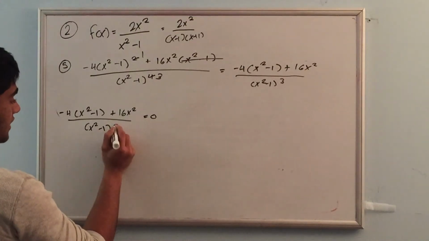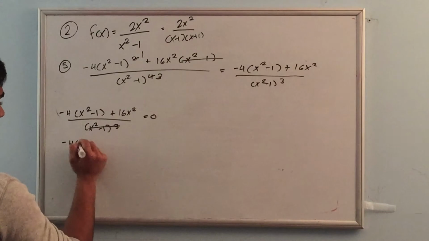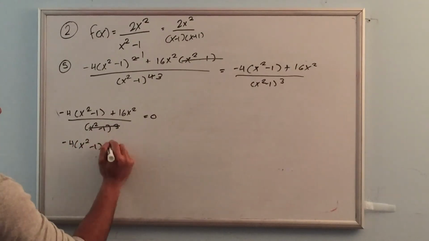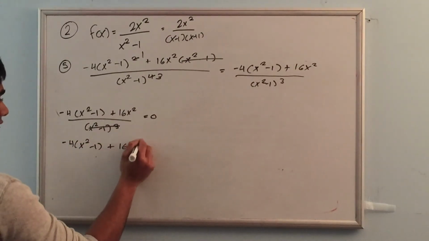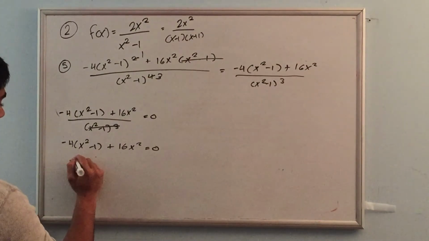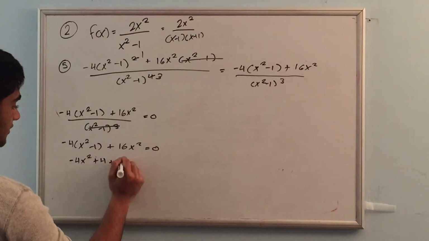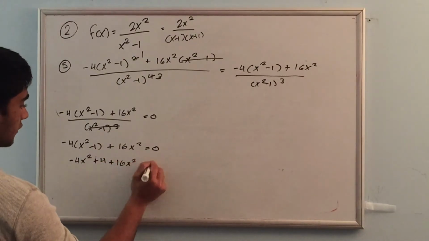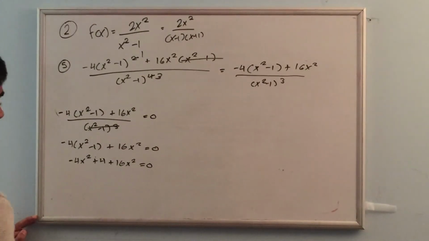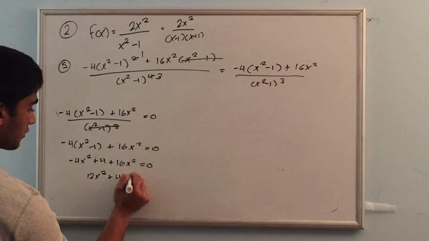If you multiply both sides by (x squared minus 1) to the third, this will cancel out. So we get negative 4 times (x squared minus 1) plus 16x squared equals 0. We can now bring this coefficient into the brackets, so we get negative 4x squared plus 4 plus 16x squared equals 0. We can add like terms now, and we get 12x squared plus 4 equals 0.